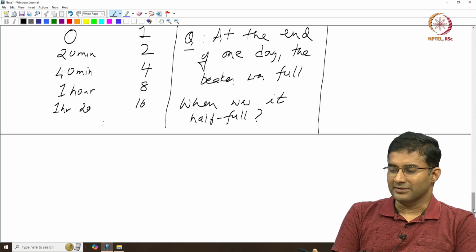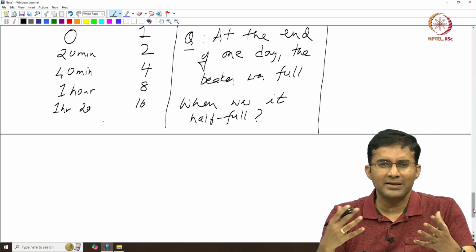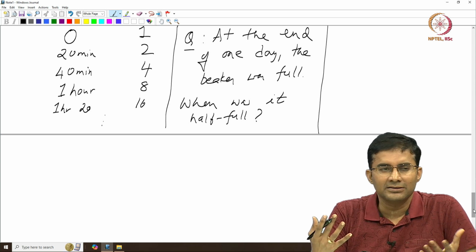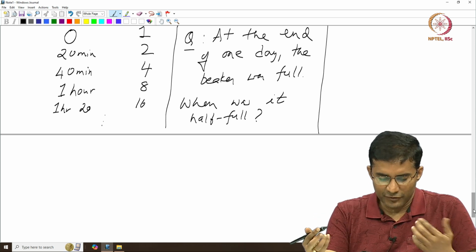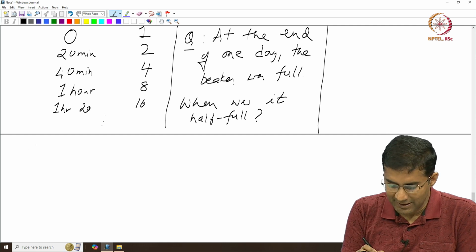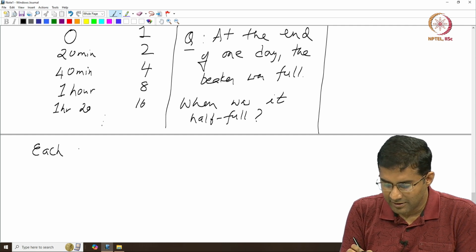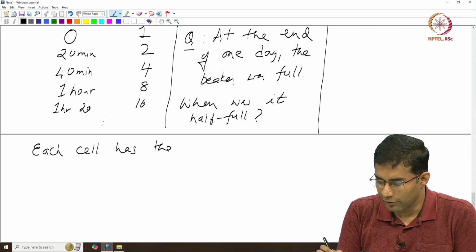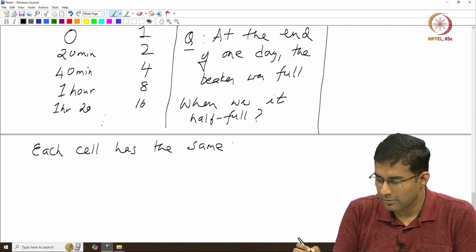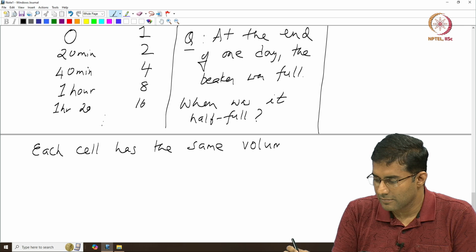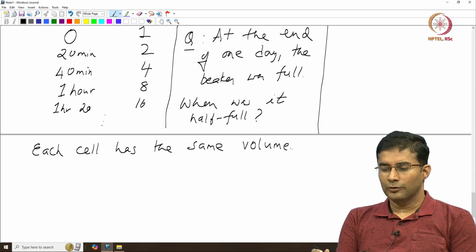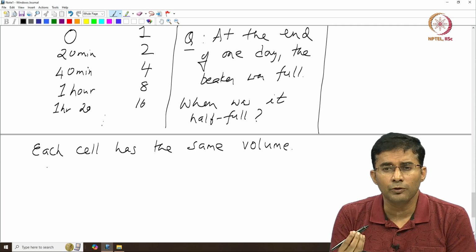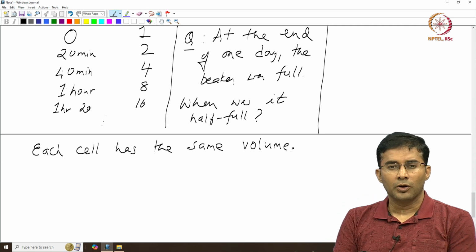So how do we now address this? Of course, a beaker is a 3-dimensional thing, it is about volume, but I do not know the volume of the cell. So maybe we can start by assuming that each cell has the same volume. And then note that the beaker was exactly full, the entire volume was occupied at 24 hours.